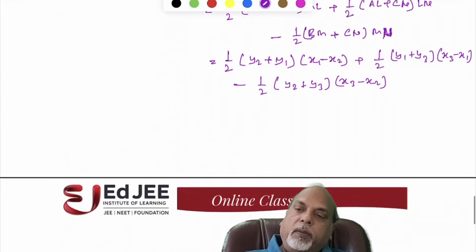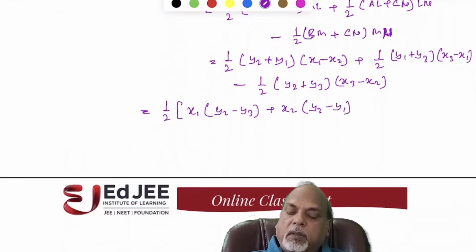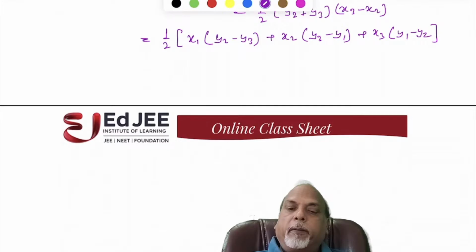If you rearrange it, then this will come something like this: x1 (y2 minus y3) plus x2 (y3 minus y1) plus x3 (y1 minus y2), correct?